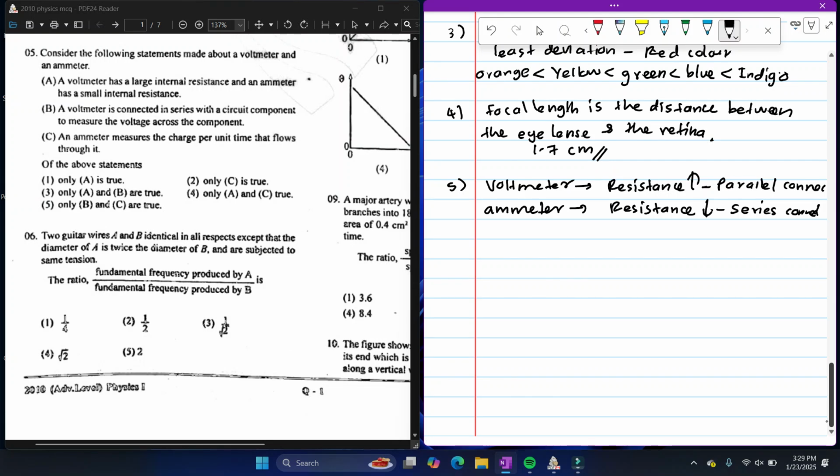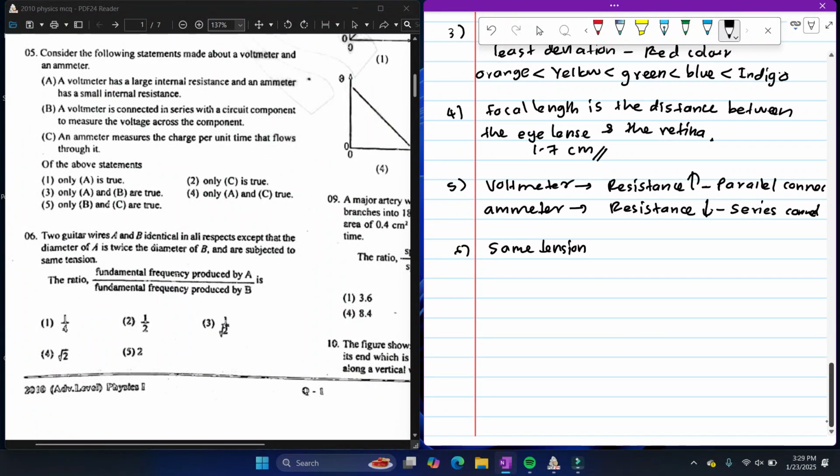Two guitar wires A and B, identical in all respects except that the diameter of A is twice the diameter of B, are subjected to the same tension. The tension is the same.